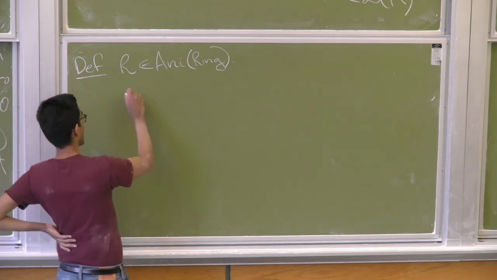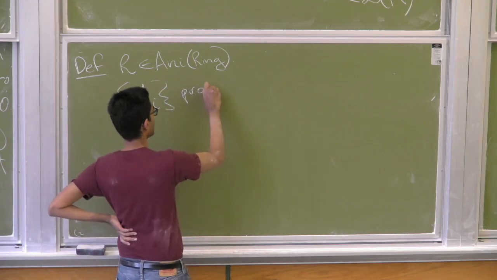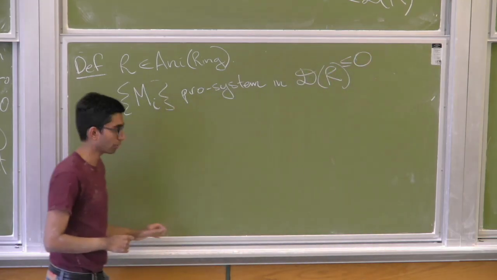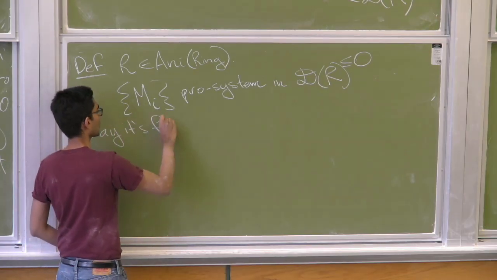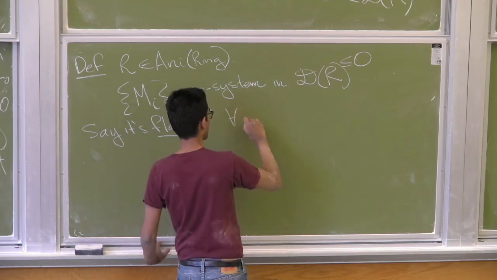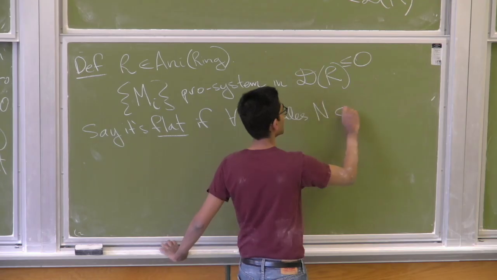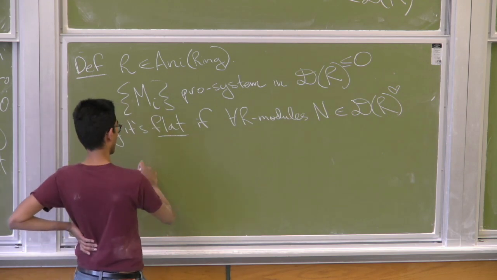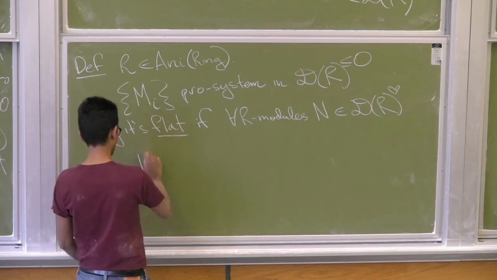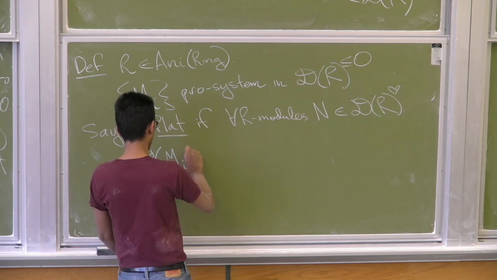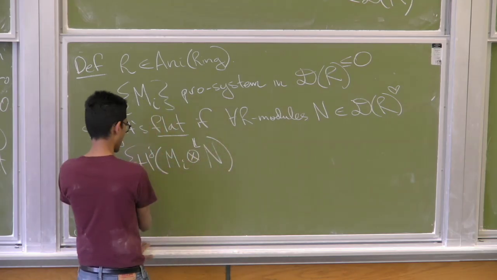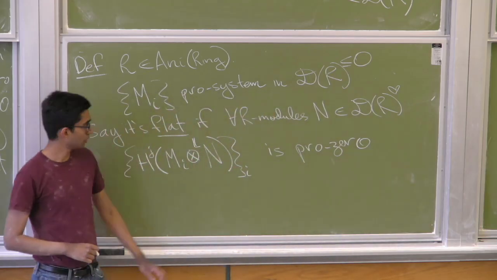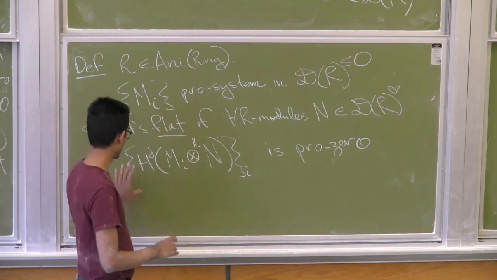Okay, so if you have an animated ring, and if you have a prosystem, then in the connective derived category we'll say it's flat if for all R-modules N, here these are classical R-modules, the condition is that if we take the jth cohomology of M_i derived tensor N, considered as a prosystem in i, this is pro zero, for j greater than 0.